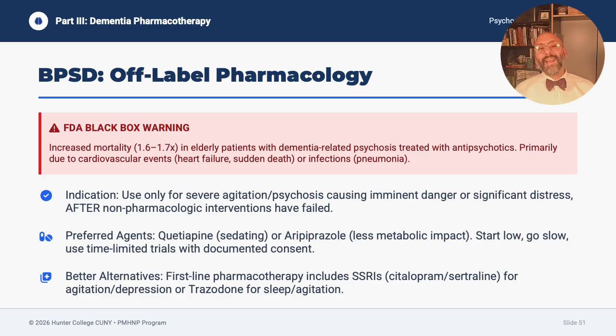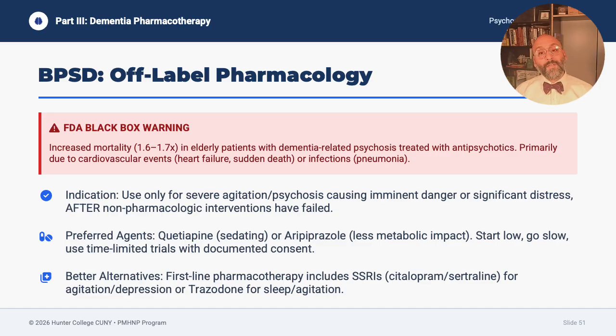So first of all, any discussion of antipsychotics has to start with the FDA black box warning. In older adults with dementia-related psychosis, antipsychotics are associated with a 1.6 to 1.7-fold increase in mortality, primarily from cardiovascular events and infections like pneumonia.